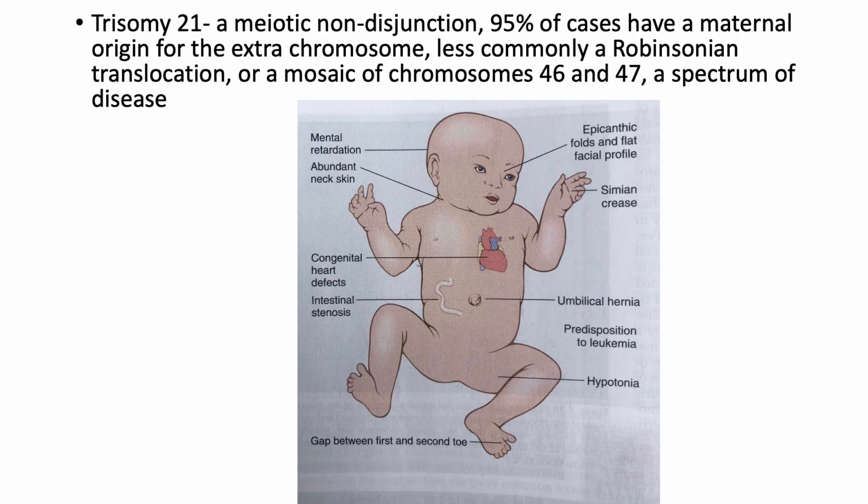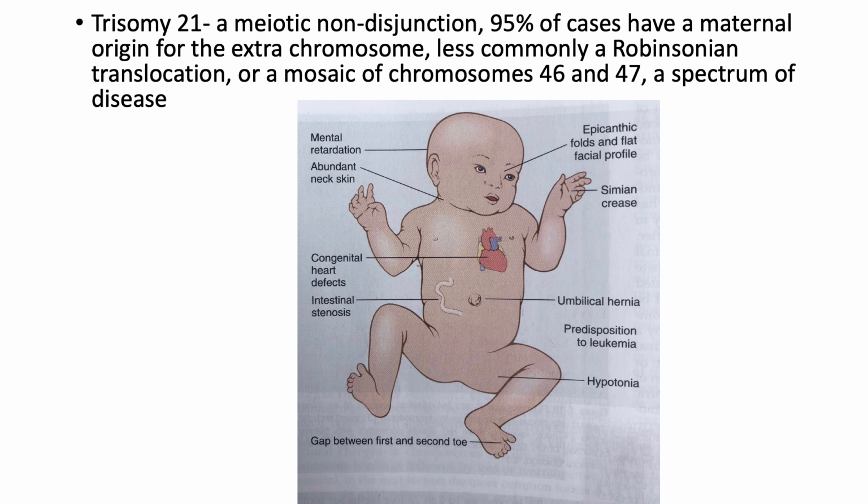Trisomy 21 is a meiotic non-disjunction. 95% of cases have a maternal origin for the extra chromosome, less commonly a Robertsonian translocation or a mosaic of chromosomes 46 and 47.